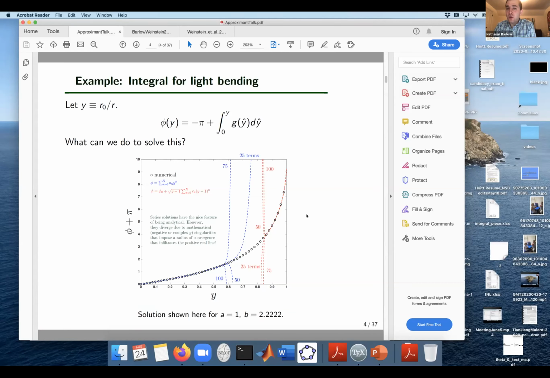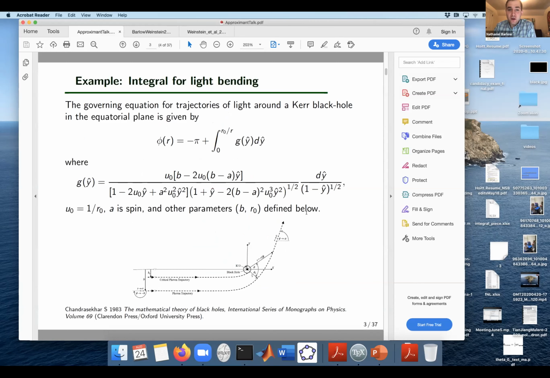And this is due to the singularities in the integral. Now, unlike the PN expansion where we don't know where these singularities are, we can look back at the integral and see it's wherever this denominator becomes 0. So wherever this denominator here becomes 0, for the parameters that we just chose, that's where the series is going to diverge.